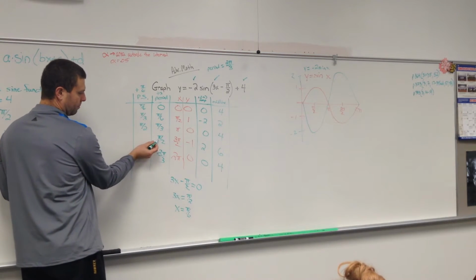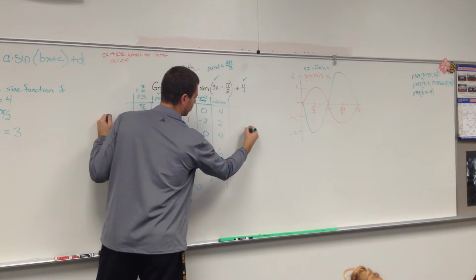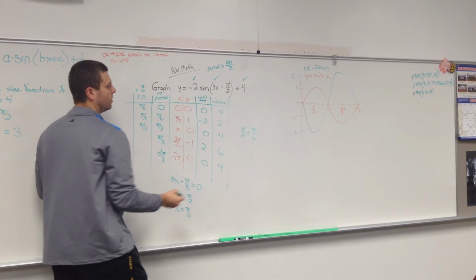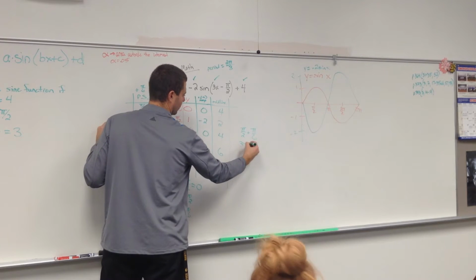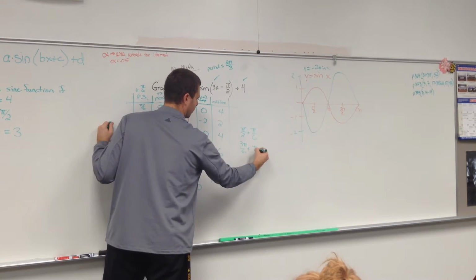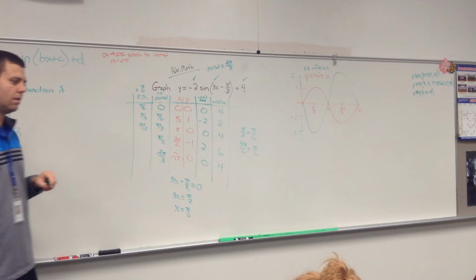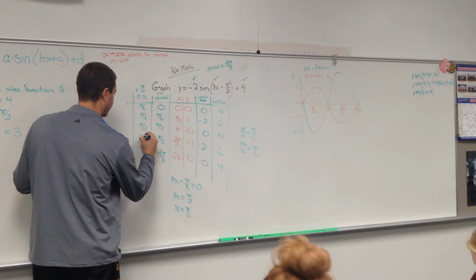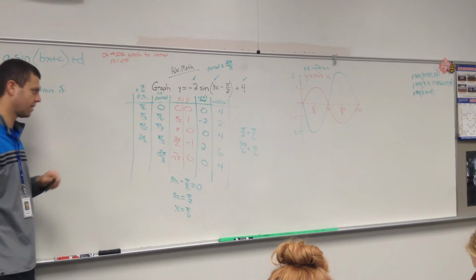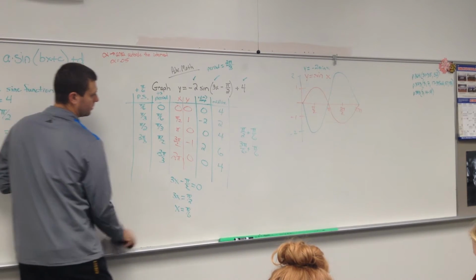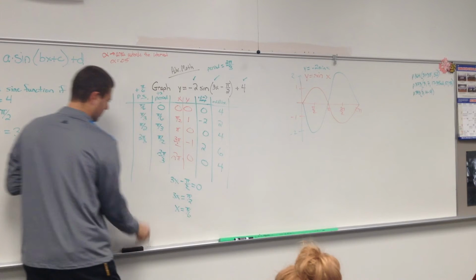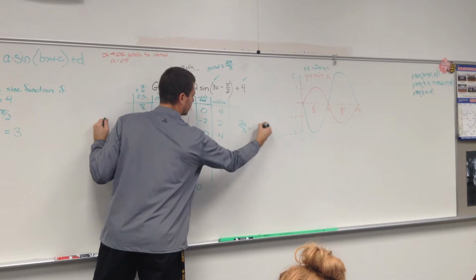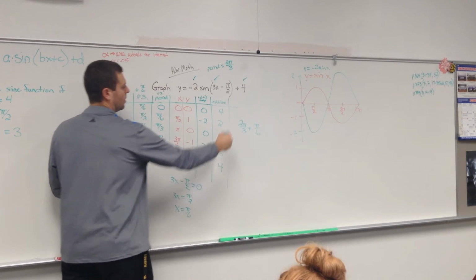My next one, I've got to take pi over 2 plus pi over 6. Take this times 3. So 3 pi over 6 plus pi over 6 is 4 pi over 6, 2 pi over 3. And last one, 2 pi over 3 plus pi over 6.